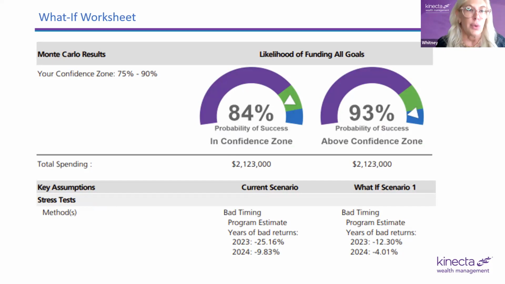Many of you may be familiar with this concept from your 401ks: we will do a Monte Carlo stress test. What that is doing is looking at 1,000 different market conditions historically, or we'll say 1,000 different retirement scenarios.